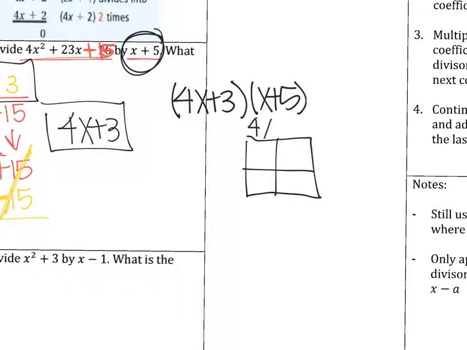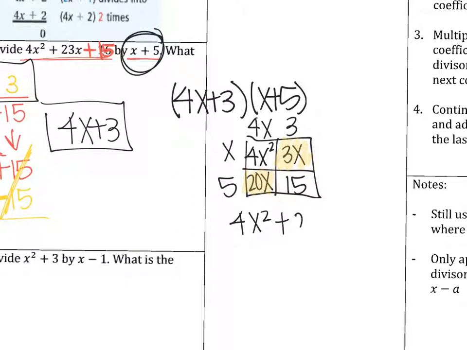I got 4x, 3, x, and 5. 4x times x is 4x squared. 3 times x is 3x. 4x times 5 is 20x. 5 times 3 is 15. Well, these two are the same, so when I go to combine like terms, I have 4x squared plus 20 plus 3 is 23x plus 15.